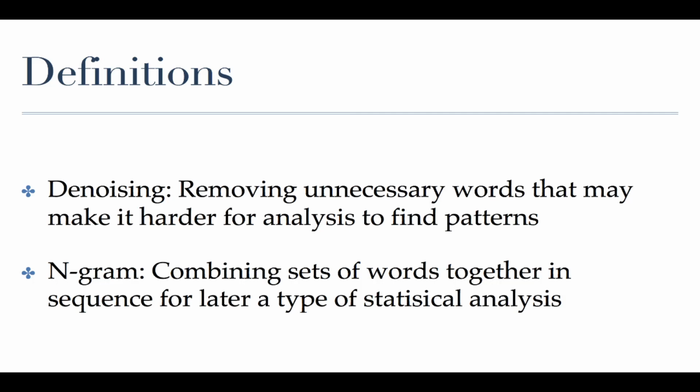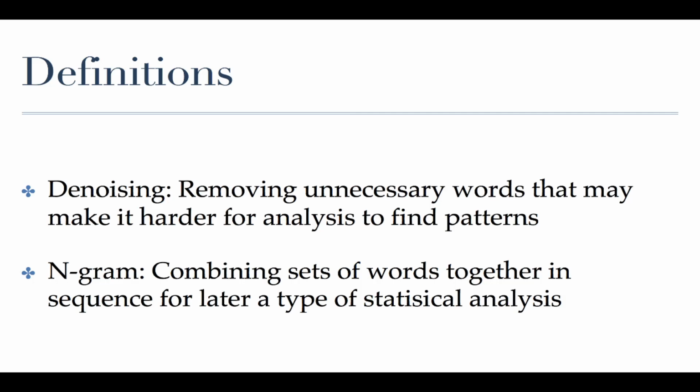Words like the, is, they occur so much in language that they create noise when we try to analyze things, because all of those words are so common that they keep the things that are less common from coming to the surface as much. So a common thing with natural language processing is to do something called denoising, which is removing very common or unnecessary words.